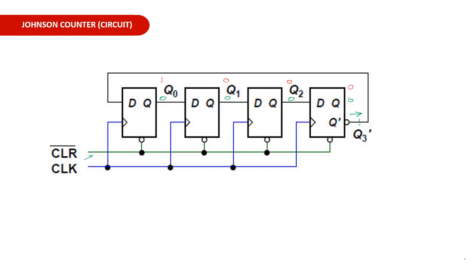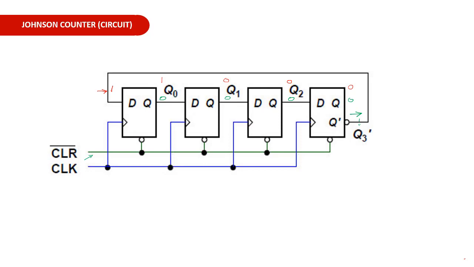Again, if you check the input of each flip-flop for the next clock pulse, you can see that the input for the first flip-flop will remain as 1, and the second flip-flop input is again 1. All other flip-flop inputs are 0.